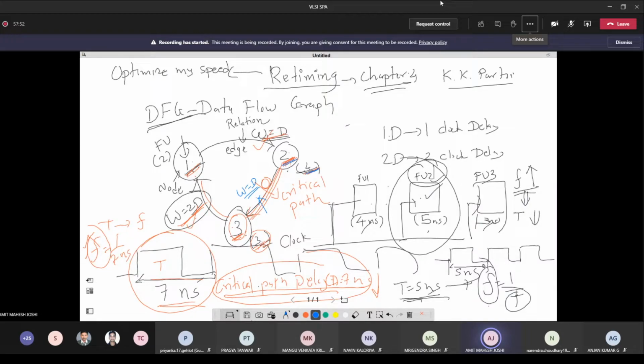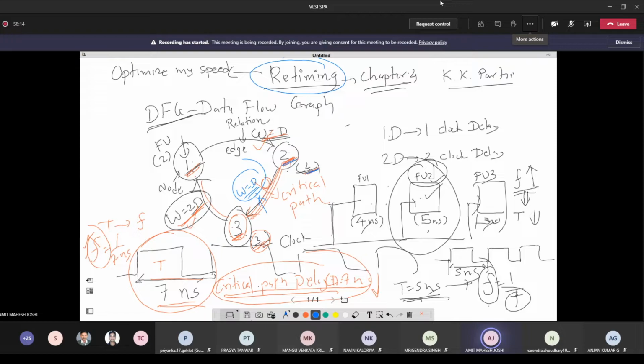So ultimately I need to insert a D somehow over here. That concept of inserting a delay in my particular graph is basically defined as retiming.